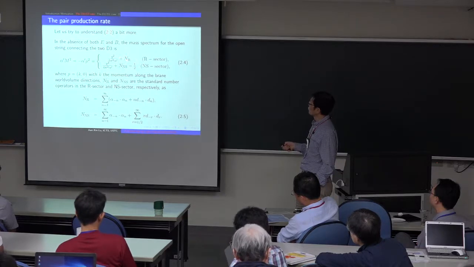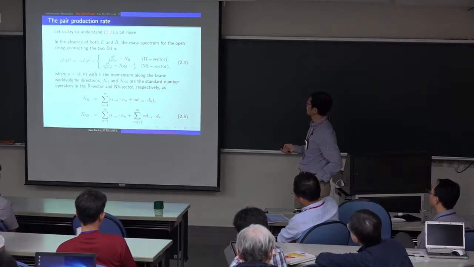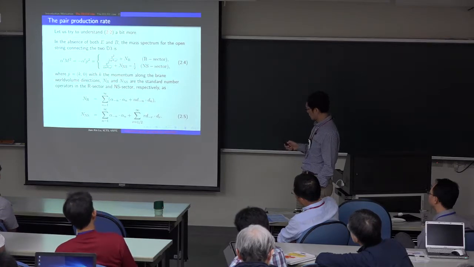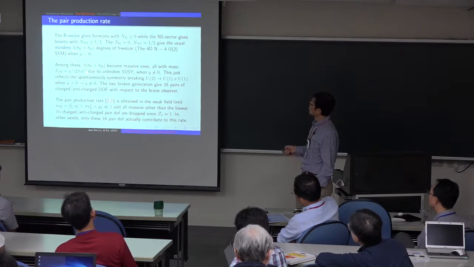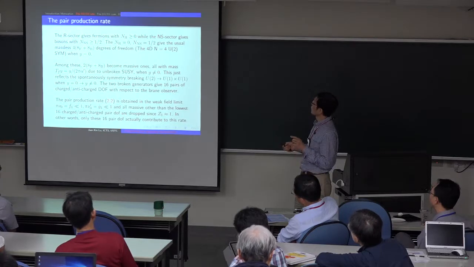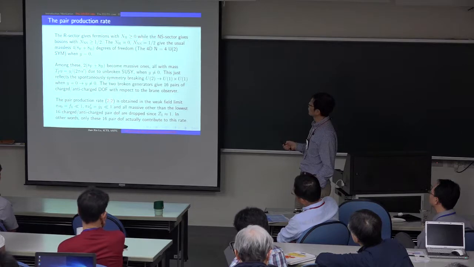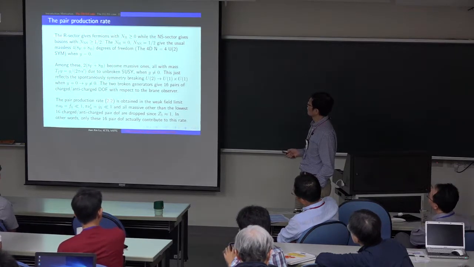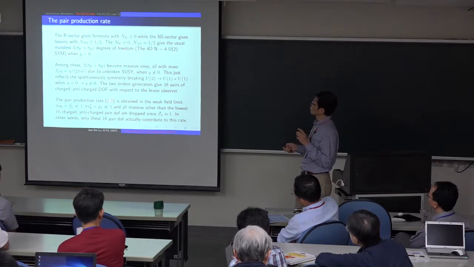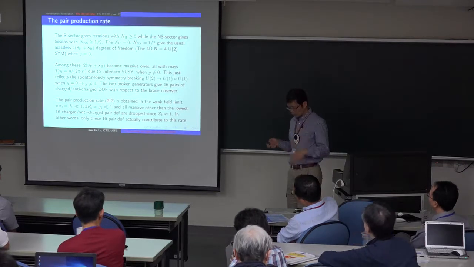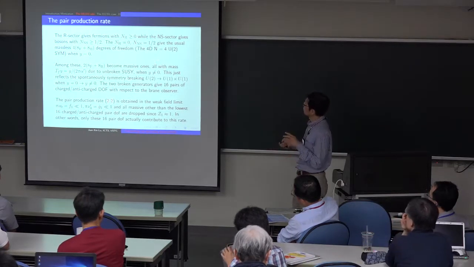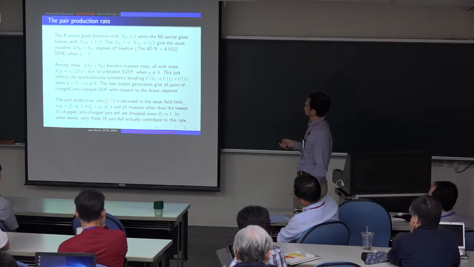The Ramond sector gives us the fermions, and the Neveu-Schwarz sector gives us the bosons. The Ramond sector gives fermions with the number operator greater than 0, and the Neveu-Schwarz sector gives bosons like this. Since the electric field we apply is very small, we first focus on the ground state, the GSO projected state.